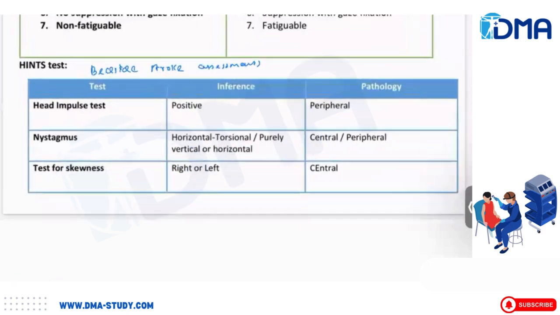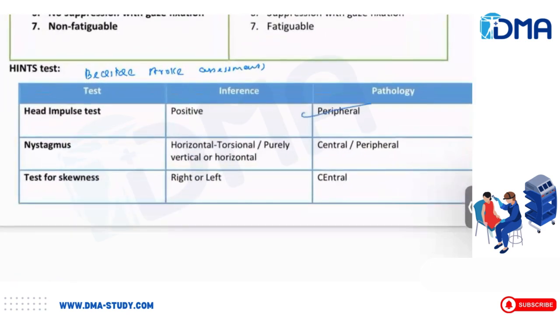So if it is head impulse positive, it is peripheral nystagmus. You remember it very easily: HI for head impulse. Head impulse positive, peripheral nystagmus. Test of skew positive, central nystagmus. That's all. So head impulse positive, peripheral. Test of skew positive, central. That's how you should differentiate between central and peripheral nystagmus with HINTS test.